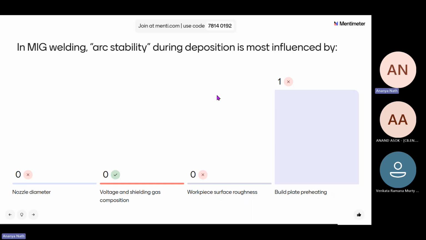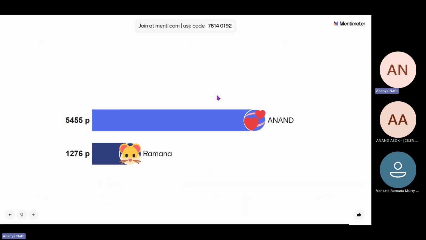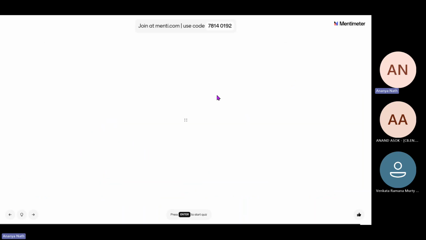So the arc stability is because of the voltage and shielding gas composition. Shielding gas parameters are important for the arc stability as well as weld pool stability. And voltage is obviously one thing because the arc is produced by the voltage source. So that's the answer.